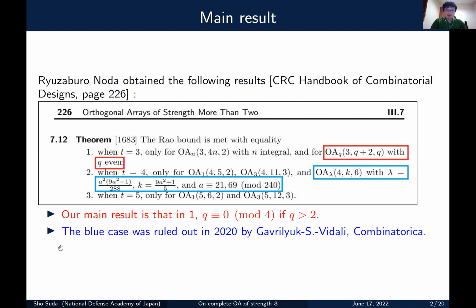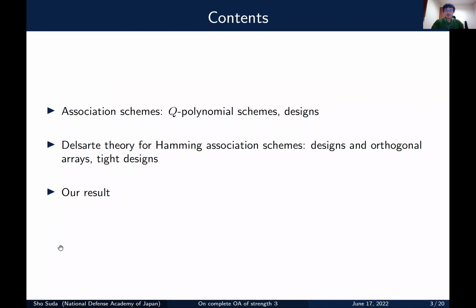In this talk, I'm going to use the theory of association schemes to restrict parameters. This is the rough content of my talk. I will briefly review association schemes, Q-polynomial schemes, and design theory in this space.